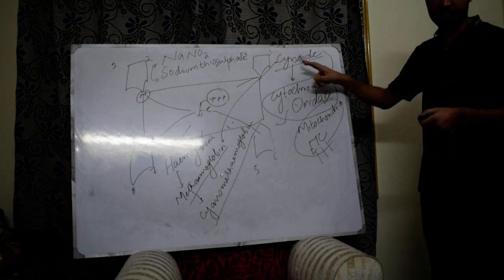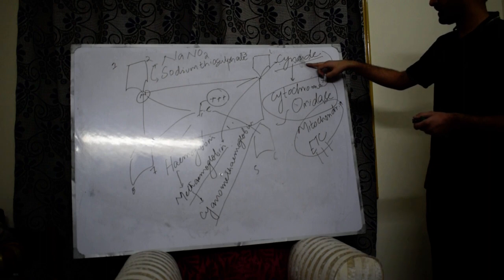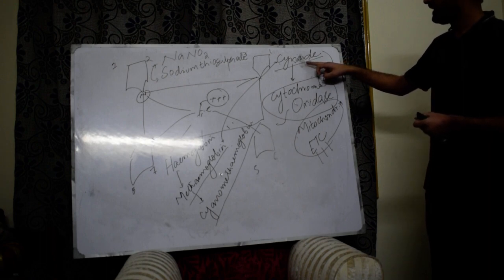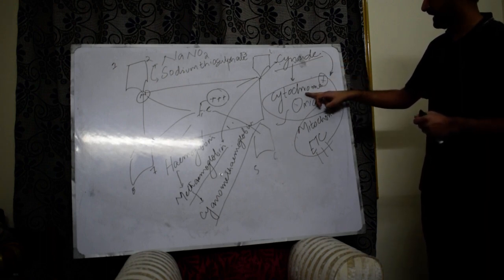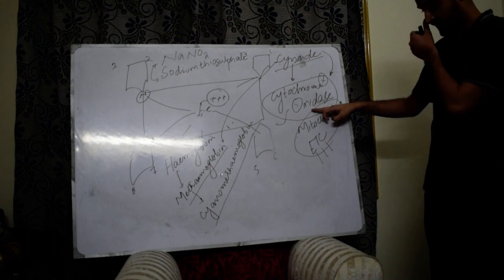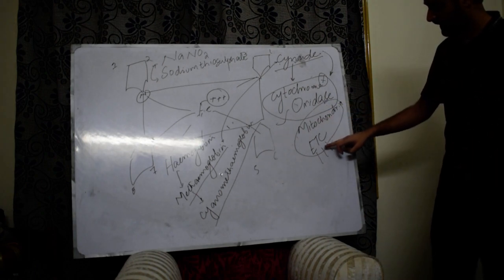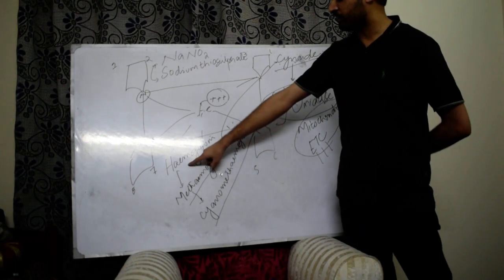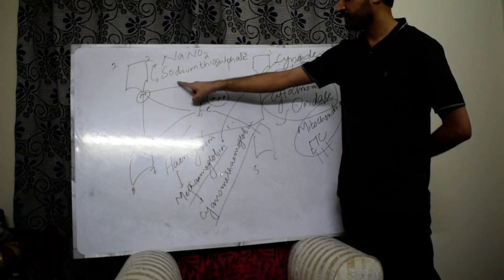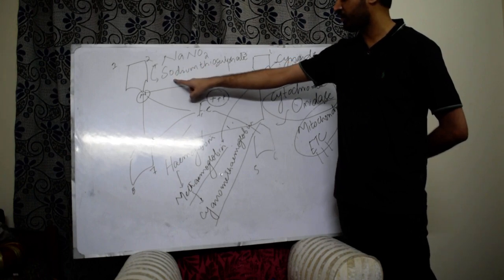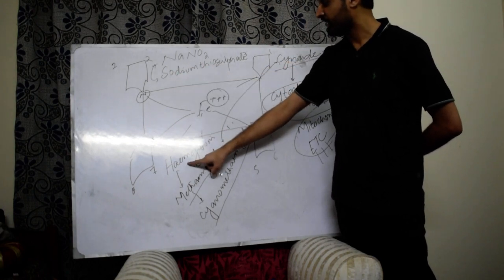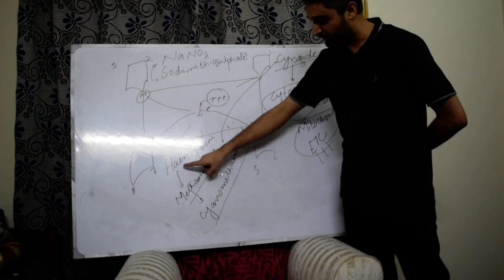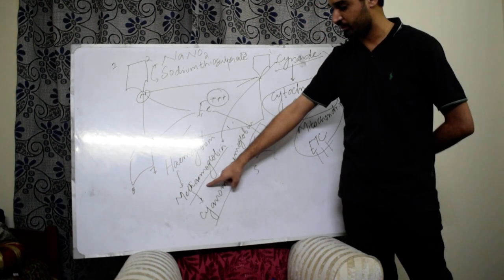Let me recap this. If there is a patient with cyanide poisoning, what happens? There is an enzyme named cytochrome oxidase present inside the mitochondria, and it is being stopped, blocking the electron transport chain. So what do you do? You give the patient NaNO2 or sodium thiosulfate. It goes to the hemoglobin and converts the hemoglobin molecule into methemoglobin.